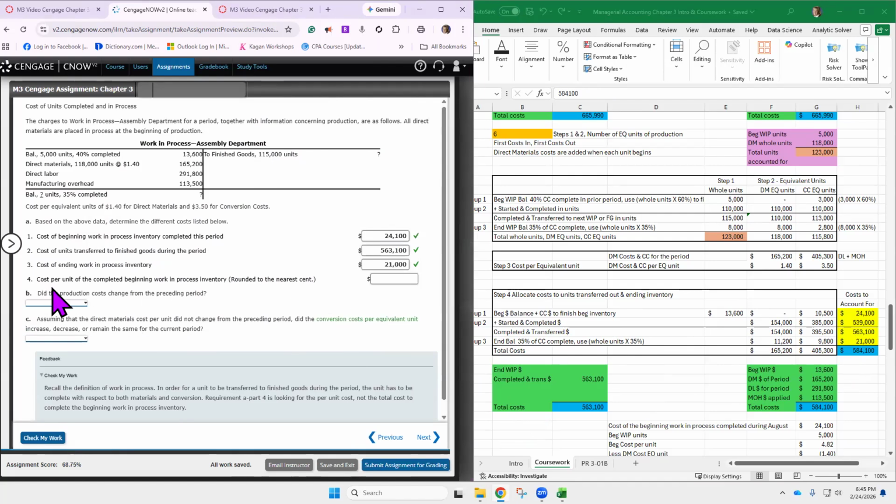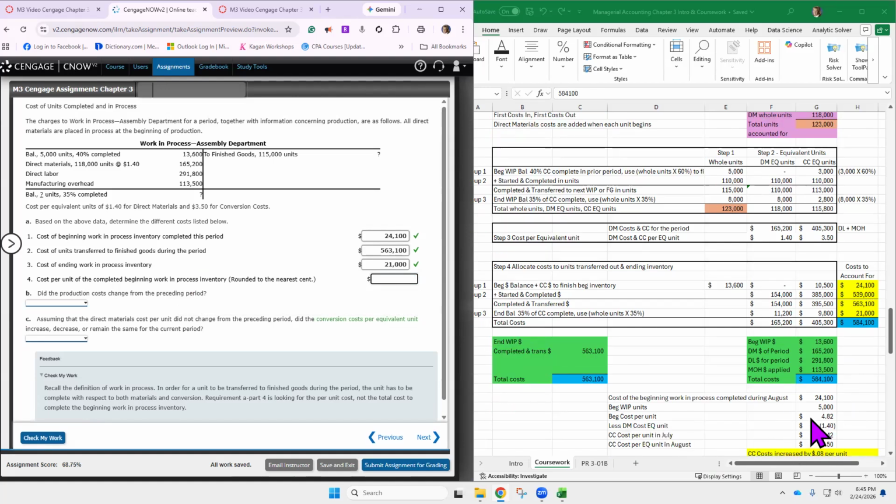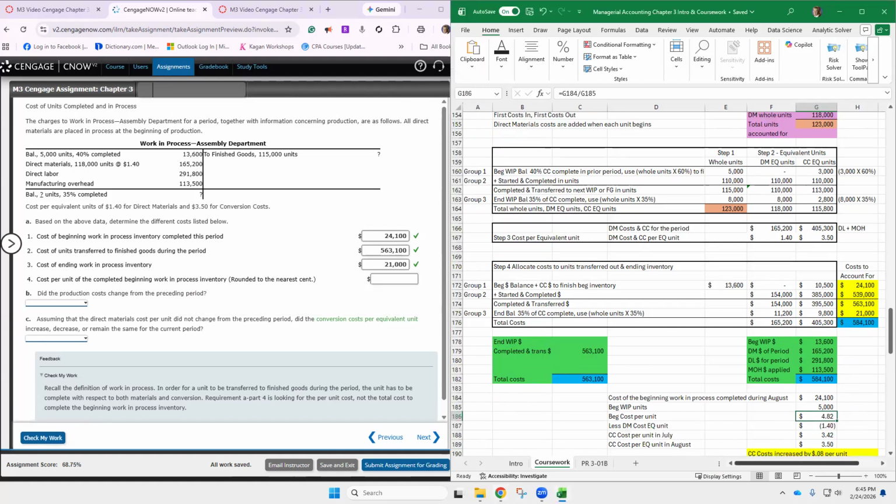Now we want the cost per unit of the completed beginning work in process inventory. I believe it's $4.82.